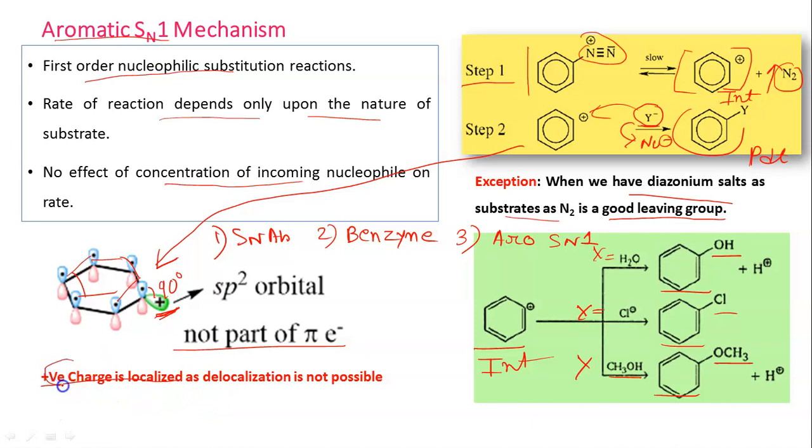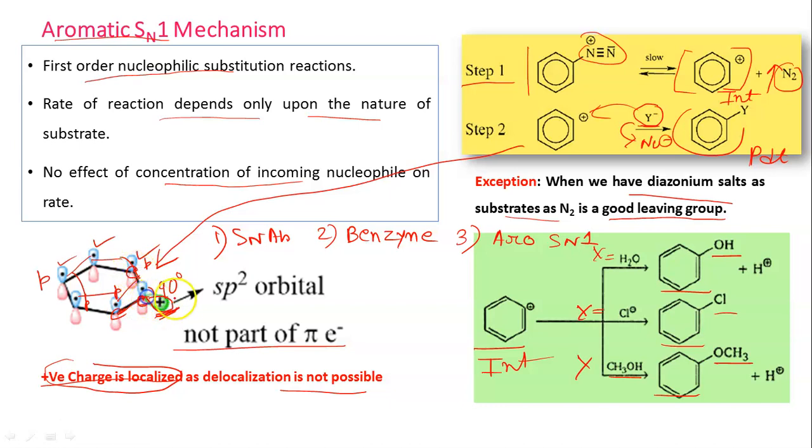This positive charge is localized. It is not delocalized, because delocalization is not possible at all. The sp2 is 90 degrees with respect to all these p orbitals. So all these are p orbitals. If you consider this carbon, there are a total of 3 sp2 orbitals. This carbon is using one sp2 for bond formation with this carbon, another sp2 for bond formation with this one.